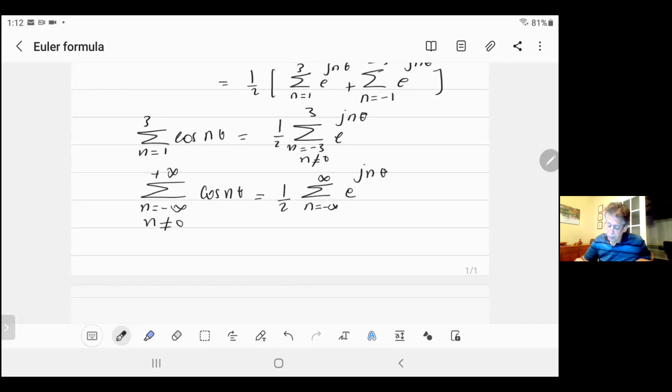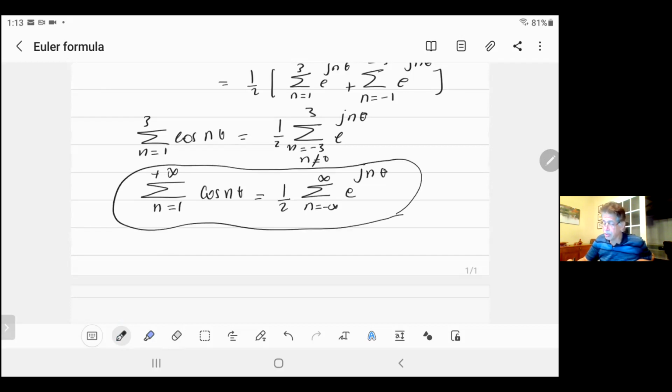Now this one has to be fixed. It's not the same. Actually, we'll start this from n equal 1 to 3, so I have to start from n equal 1. This is the only one that should be minus infinity to infinity, right? Because the original problem is to find from 1 to 3. So that will be a good, useful expression to express the sum of cosine terms.